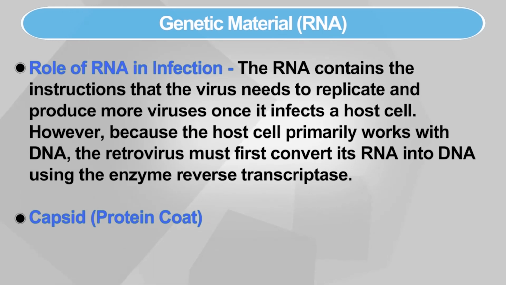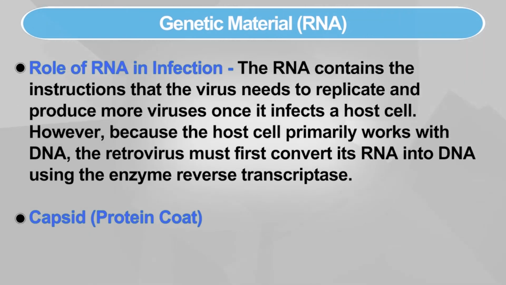The RNA contains the information the virus needs to replicate and to produce more viruses once it infects the host cell. However, because the host cell primarily works with DNA, the retrovirus must first convert its RNA into DNA using the enzyme called reverse transcriptase.